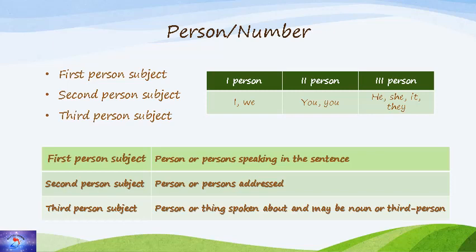Second person subject refers to the person or persons addressed. Third person subject refers to the person or thing spoken about and may be a noun. In simple terms, first person refers to the speaker, second person refers to the person spoken to, third person refers to the person spoken about.